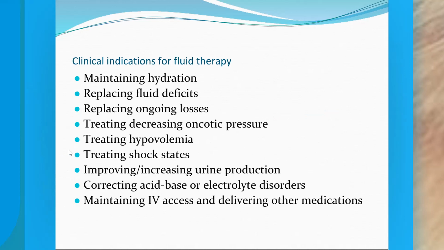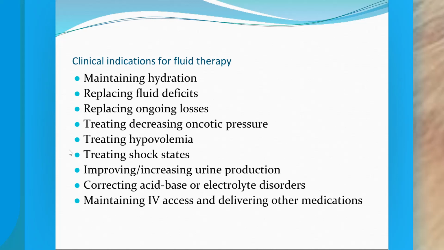So if they're dehydrated, if they had any ongoing losses, so were they having any vomiting or diarrhea, anything to that nature, any significant extra urination that could have been going on. Treating decreased oncotic pressure. So was there any decrease of blood pressure that we need to treat, right?